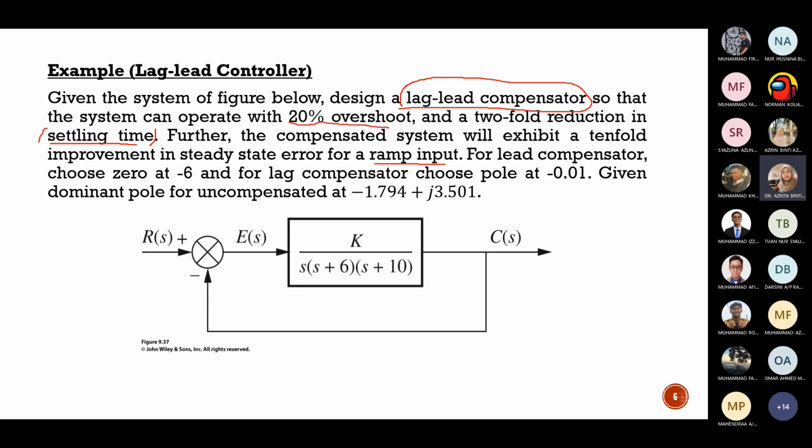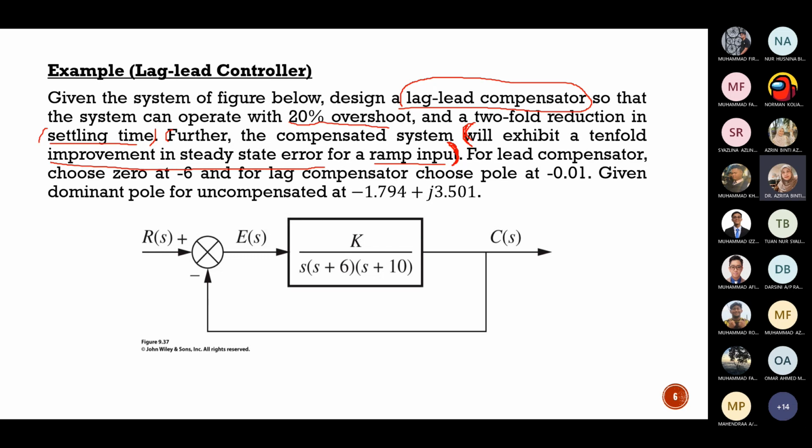And then the second sentence, further, the compensated system will exhibit a tenfold improvement in steady-state error for a ramp input. This is the second objective, and we will use the lag compensator to achieve it because we want to improve the steady-state error.